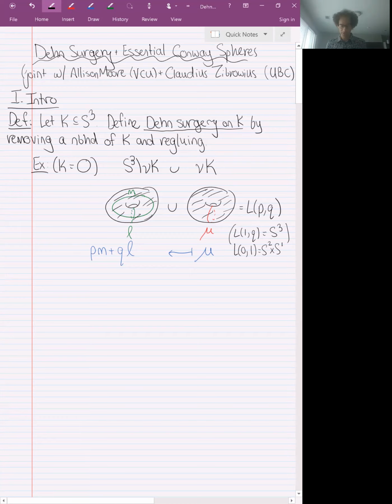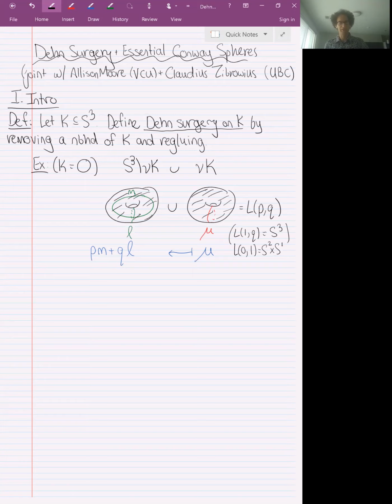One thing we'll notice is that there are lots of different ways to re-glue the solid torus so that I get S^3. But more generally, there are infinitely many of these three-manifolds that I can produce. I can get infinite pi_1, I can get finite pi_1, lots of different things.